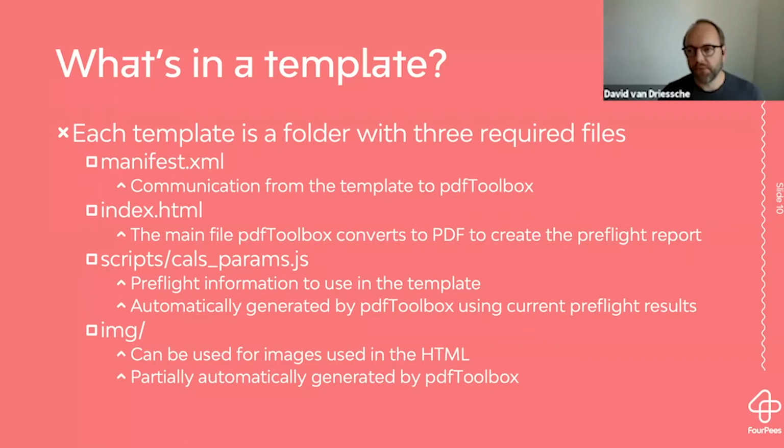It also allows you to ask for visualizer images, things like individual separations or an ink coverage view. And when you ask for those images, pdfToolbox is going to generate them for you in the image folder. It's also going to put some information in that params.js file for those images so that they are easy to find.